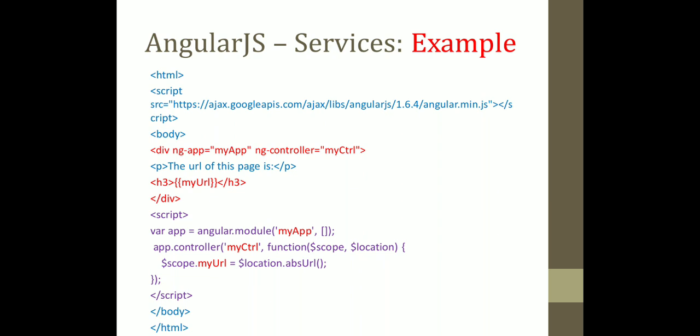Built-in services, there are about 30, and custom services, if a user wants to create his own service, he can do it. For creating services with the factory method, we have to define a factory and then assign a method to it, and using the service method, we have to define a service and then assign a method to it. We can also inject already available services to do it.